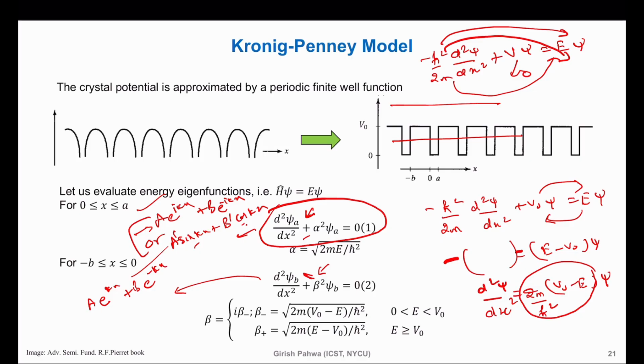Instead of i's, there will be kx and minus kx. And because this is kx and minus kx, you can always convert this into some A dash sinh kx and B dash cosh kx. Of course, these constants will not remain the same. You will have to adjust the coefficients, but you can write these forms.